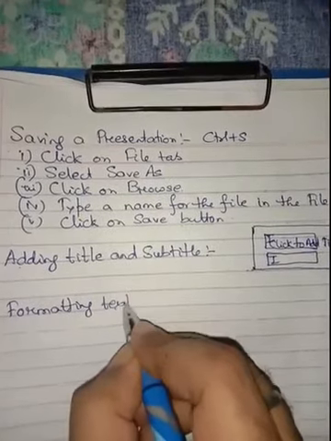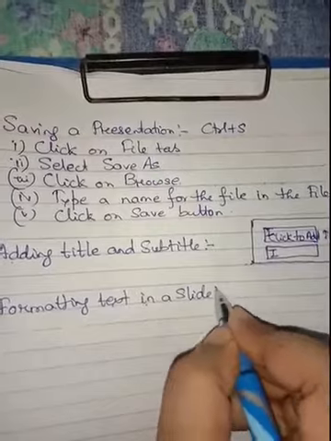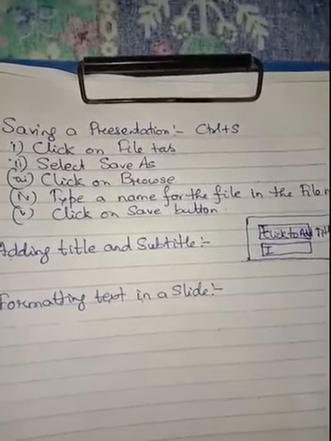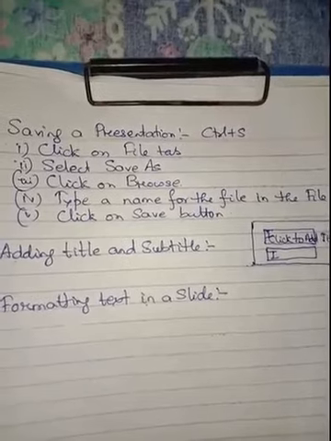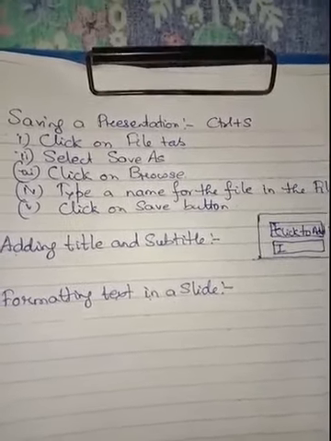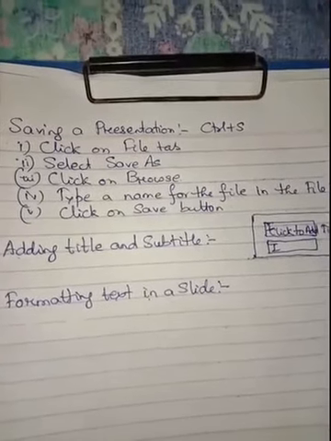Formatting text in a slide. So formatting means changing the appearance of the text, changing the style, the size, the color. If the text is formatted, it draws the attention of the audience.